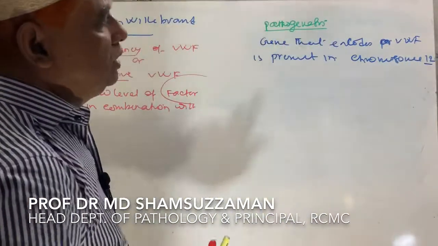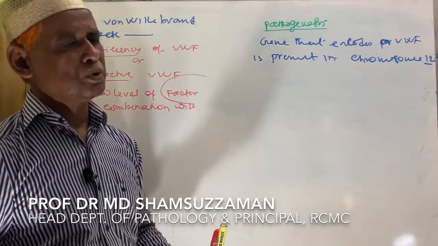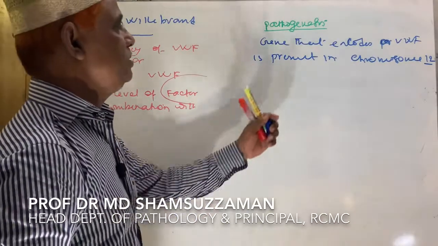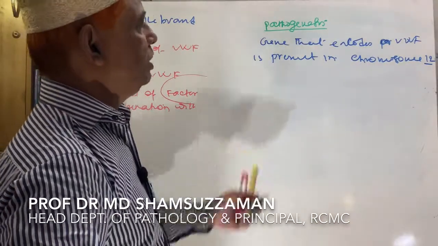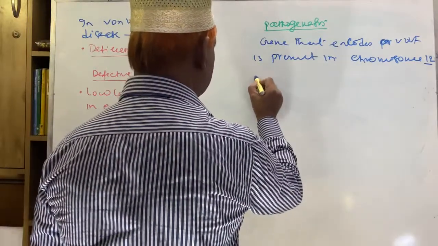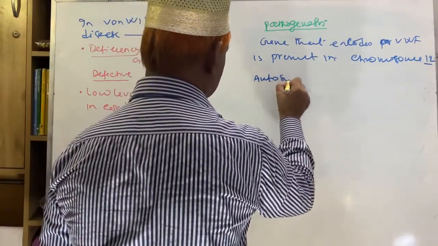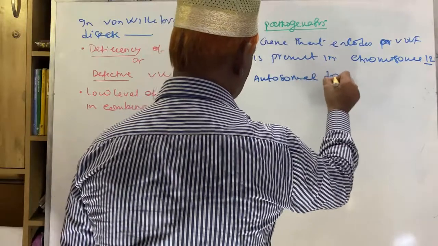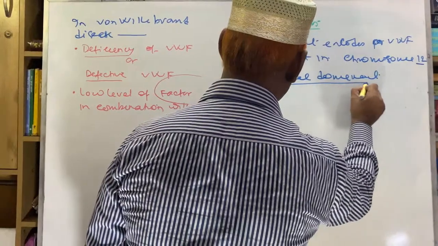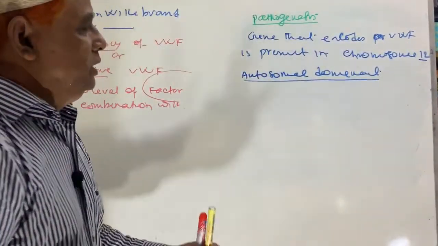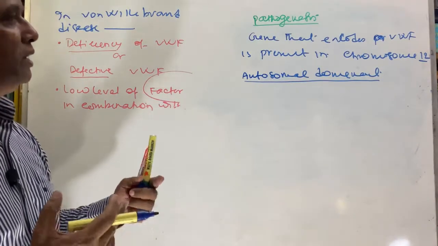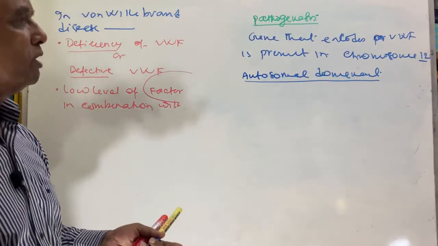We can recall the gene that encodes factor 8 is present in X chromosome, but the gene that encodes von Willebrand factor is present in chromosome 12. It is autosomal dominant. Autosomal dominant pattern of inheritance. So it is single gene mutation of the gene that encodes von Willebrand factor.